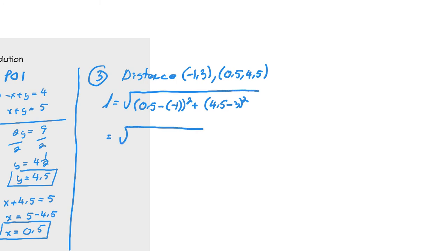Here we go. 0.5 minus negative 1 becomes 0.5 plus 1 all squared, and 4.5 minus 3 becomes 1.5 all squared.